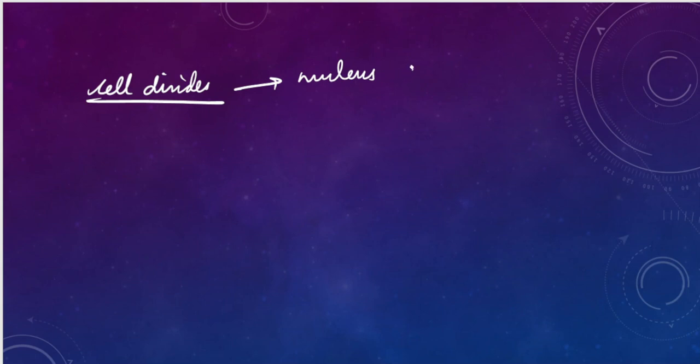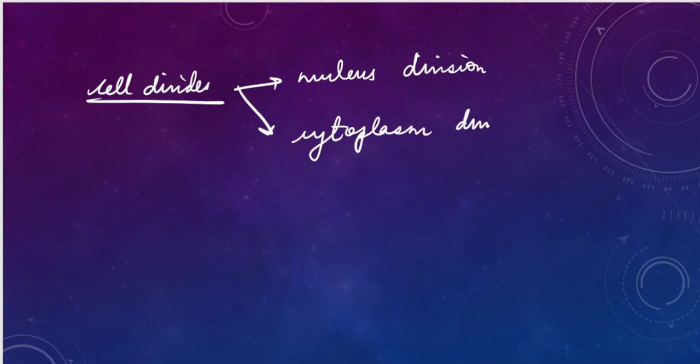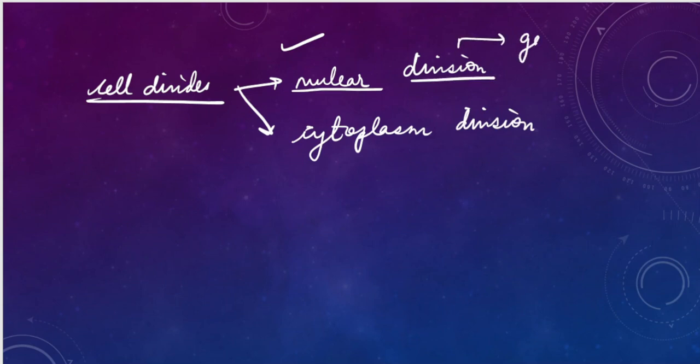So there is a need of nuclear division, and there is also the need of cytoplasm division. Nuclear division is important because it is carrying what? It is carrying genetic material. So there should be proper distribution of genetic material among the two daughter cells.